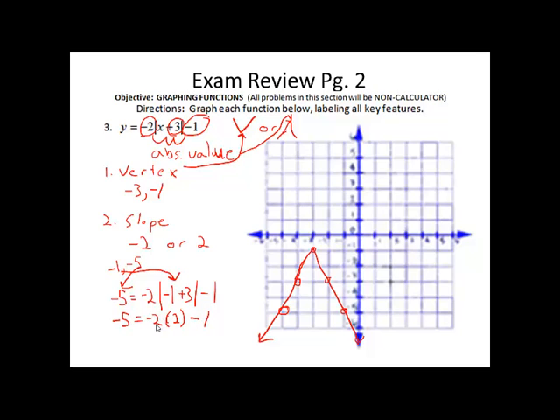Negative 2 times 2 goes to negative 4, and negative 4 minus 1 is equal to negative 5. So we are good there. If you like, you can check more points just to see how accurate your graph is, which, if you're following your proper slope, you should have no problems.